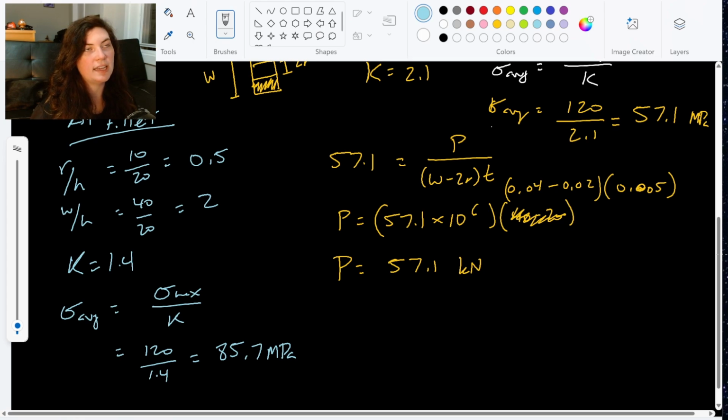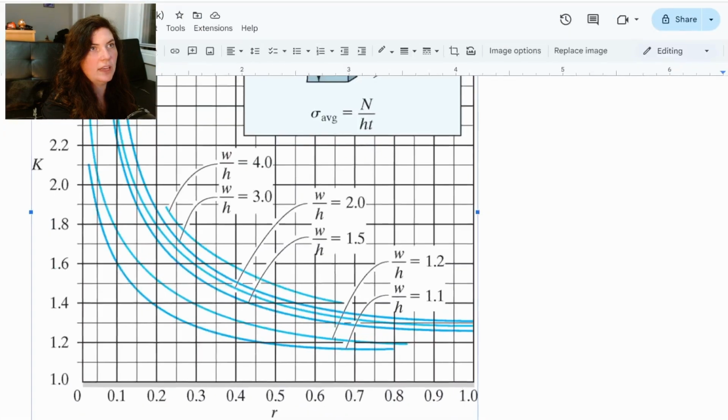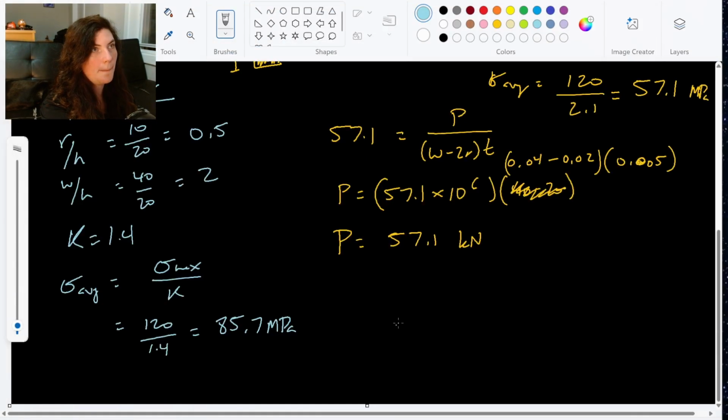And then I can do the same calculation that I did over here. I can either find that cross-sectional area here, or I can use the one that they gave me in the table. It says my average cross-sectional area is H times T, so it's the cross-sectional area of the smaller area.